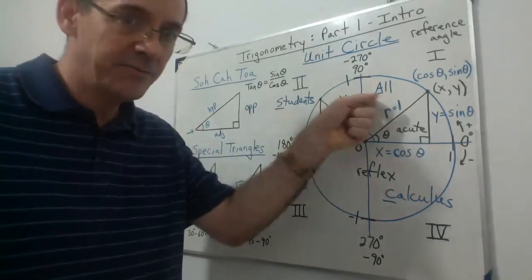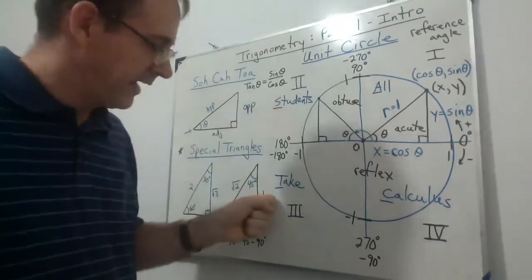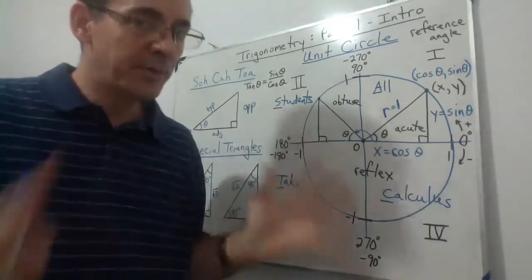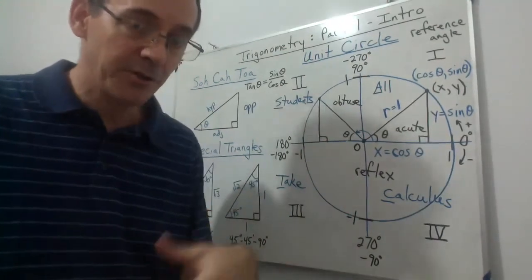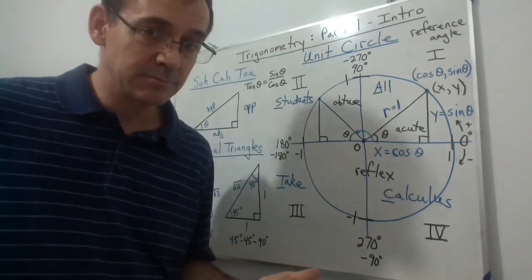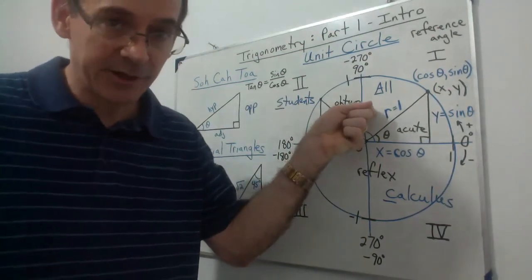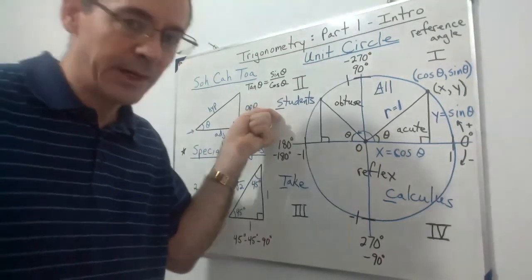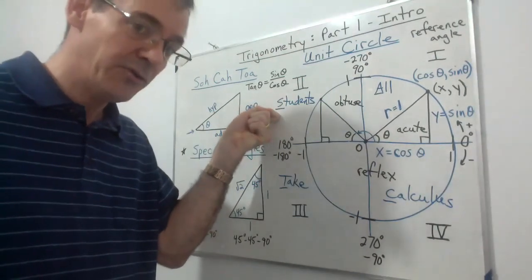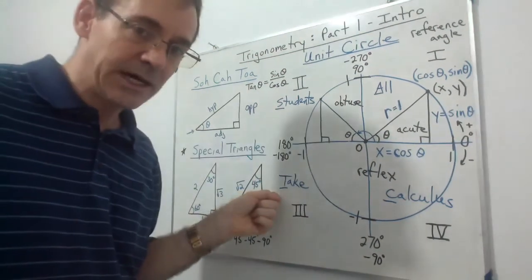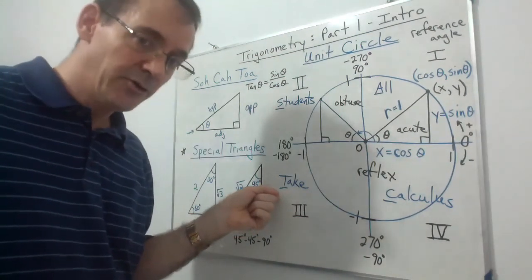All are positive, sine is positive, tangent is positive, cosine is positive. So if you know the positives, then by default, you can figure out the negatives. If all are positive here, it means none are negative. If sine is positive here, well, it means cosine and tangent are both negative. Tangent is positive here, well, sine and cosine are both negative.